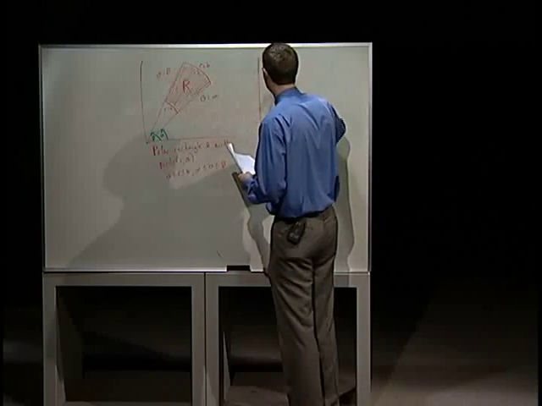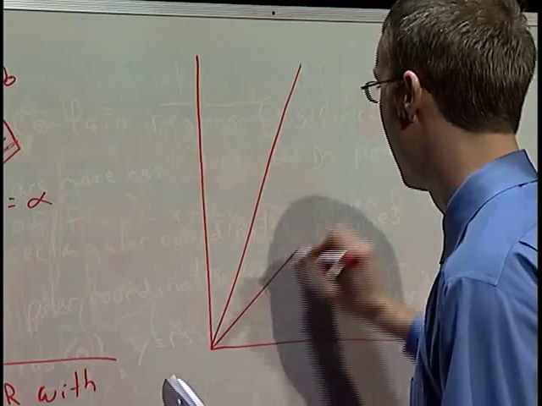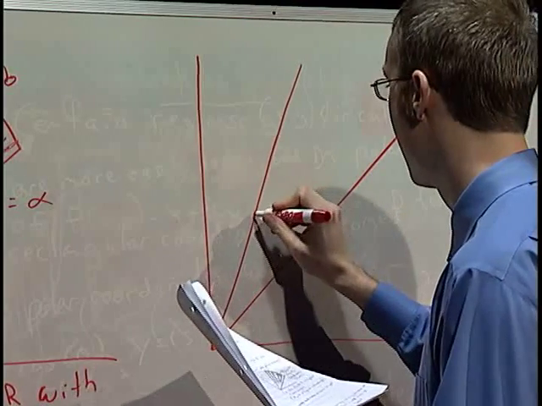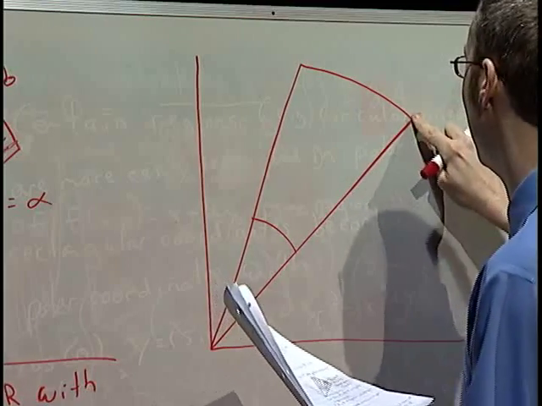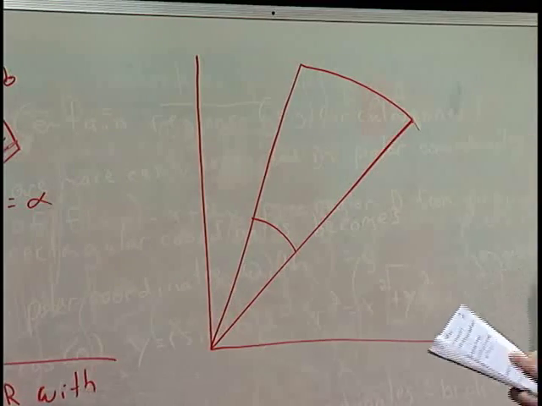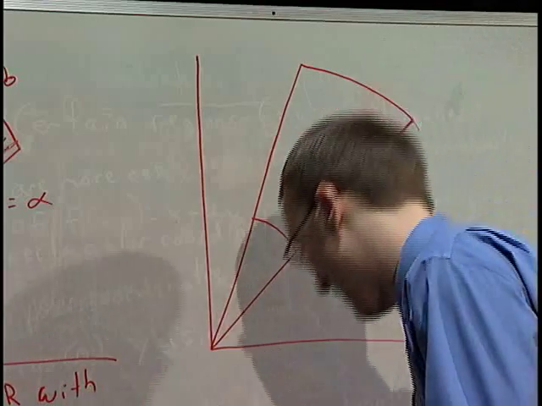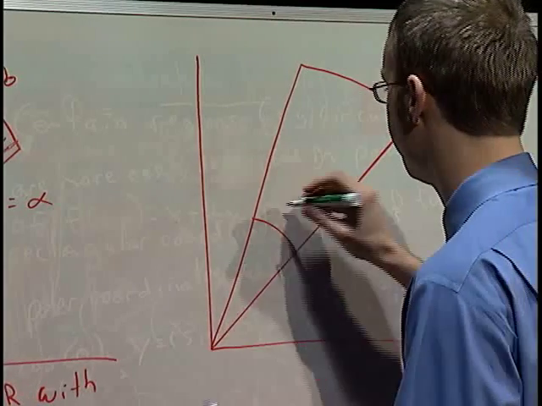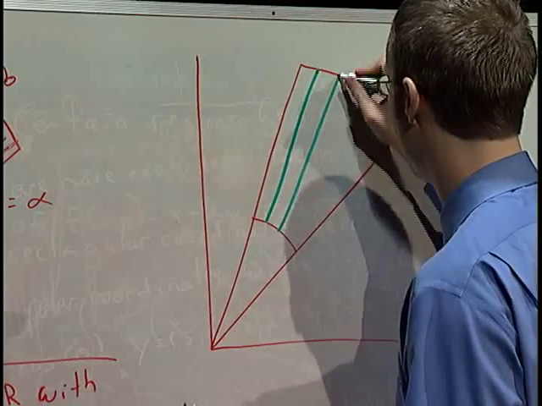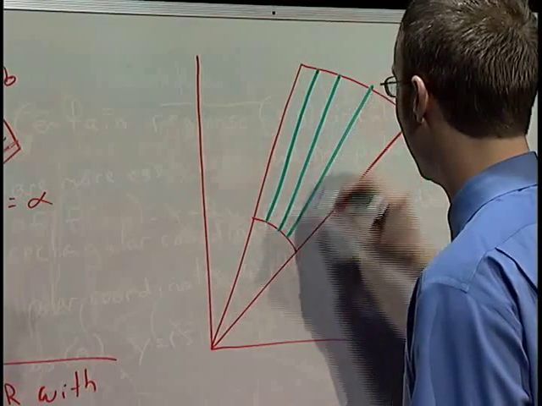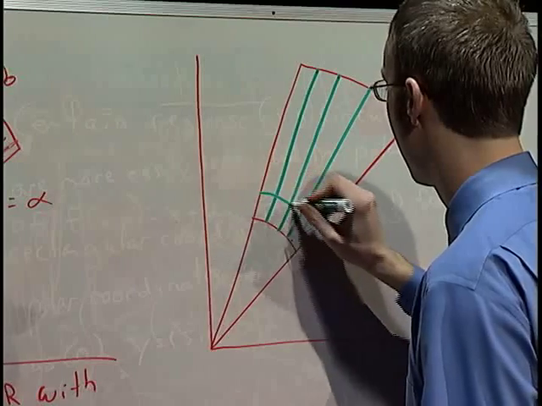So there's our angles again. There's our polar rectangle. And we'll break it down into smaller pieces, just like we did with regular rectangles.